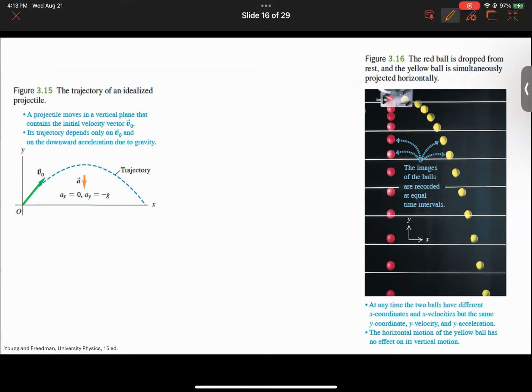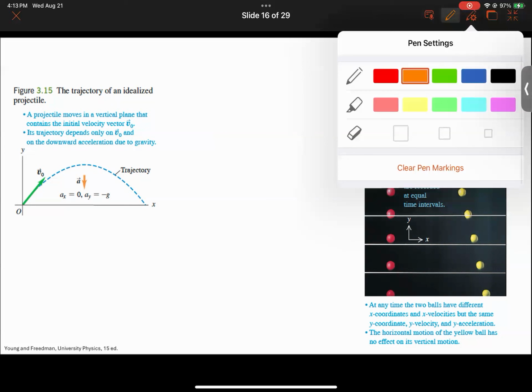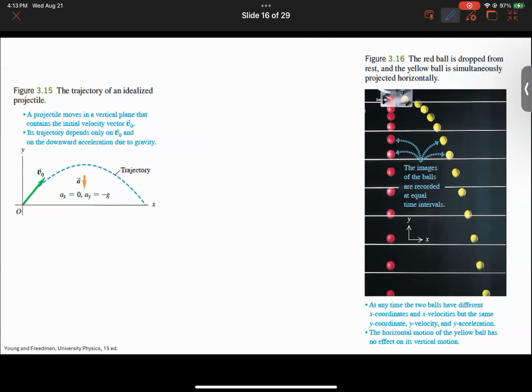Okay, kahit anong object pa yan, it has the same type of motion. So, kung magbabato nga tayo ng object, anong nakikita natin na motion niya? Nakikita natin yung motion niya is this. Okay, so curved yung kanyang motion.